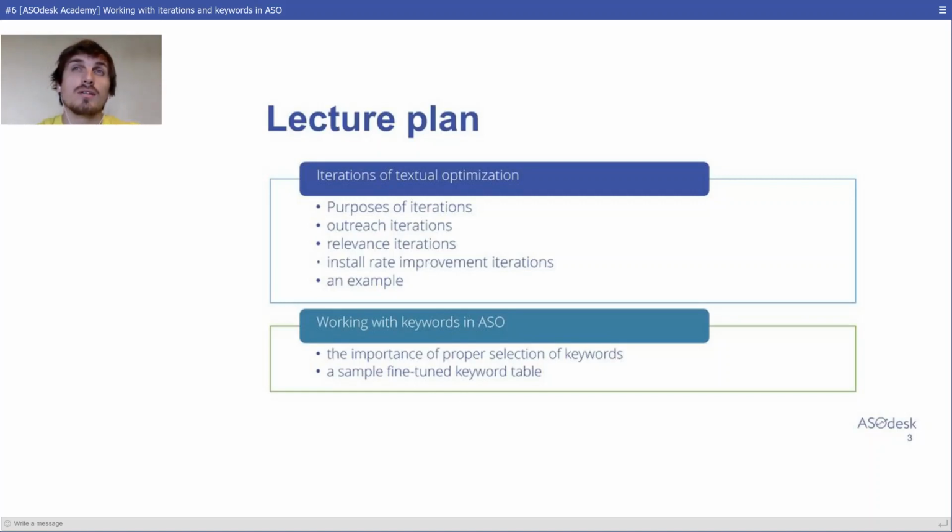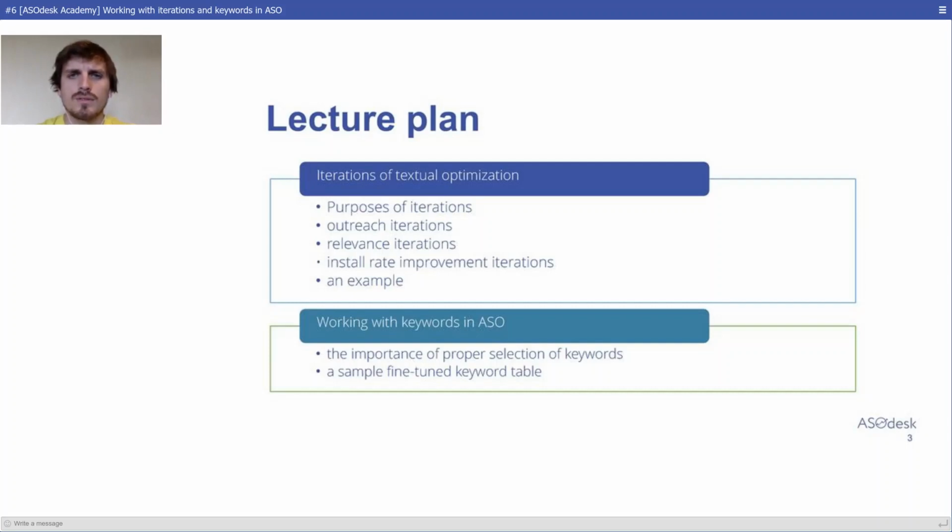We'll look at one case I would like to share with you about the scope iteration of the Verve app, which they did in March. That's a very good case of a scope iteration, and there is a very clear logic. So we'll look into the case. In the second part of the lecture, we'll be talking about keywords management.